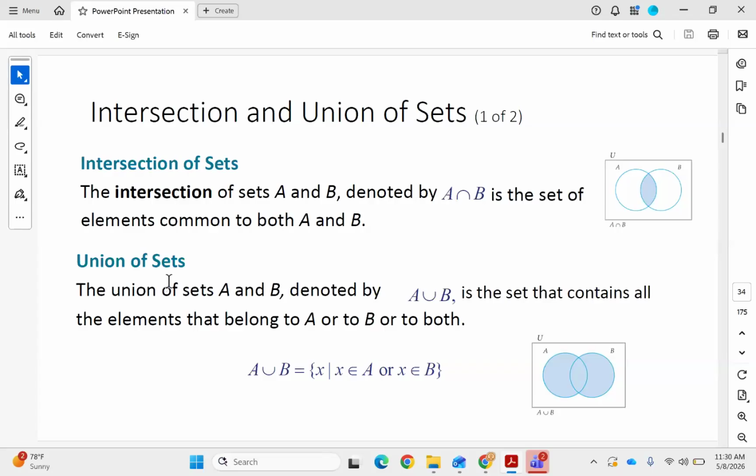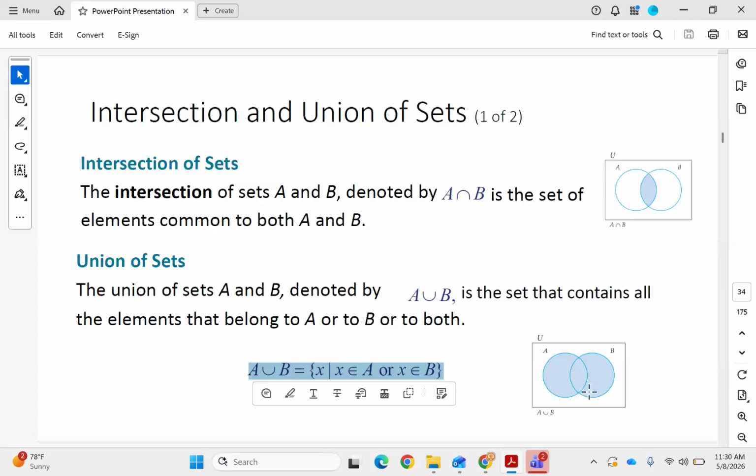The union of two sets is equivalent to somewhat of a sum. This is the set that contains all of the elements that belong to A or belong to B or to both. This is how you write it: x is an element of A, or x is an element of B. This is the formal definition, the set builder notation.